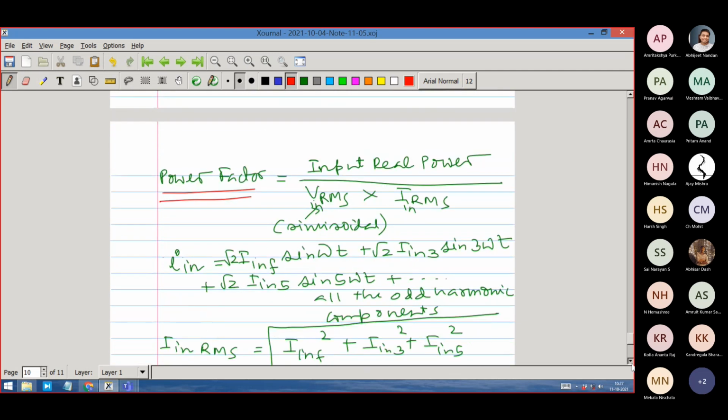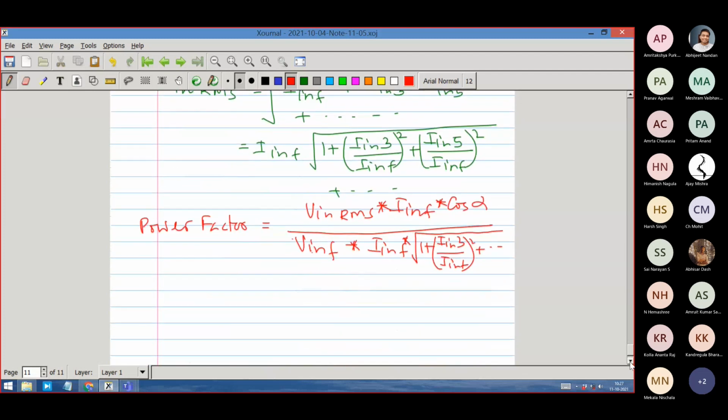So in general, if the current has harmonics, then you have to calculate it in this manner.